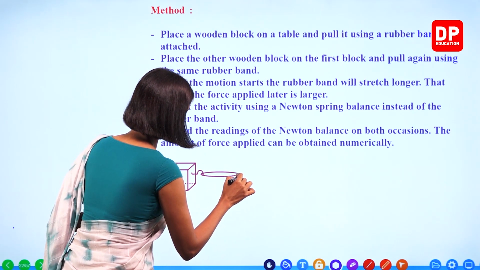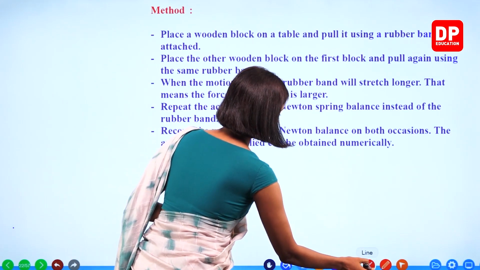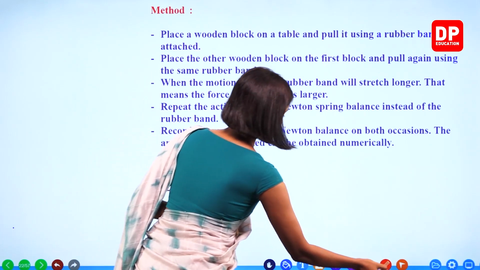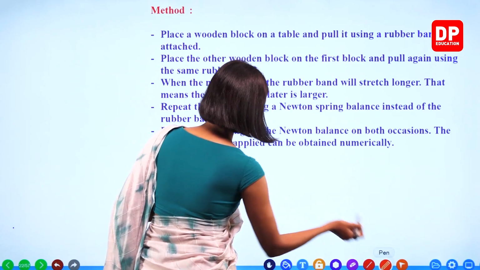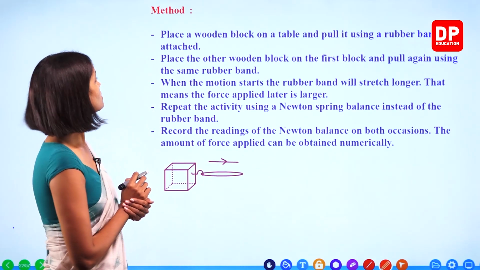Using the rubber band, you have to pull it. Right? You have to pull it. Right, children? Next one.